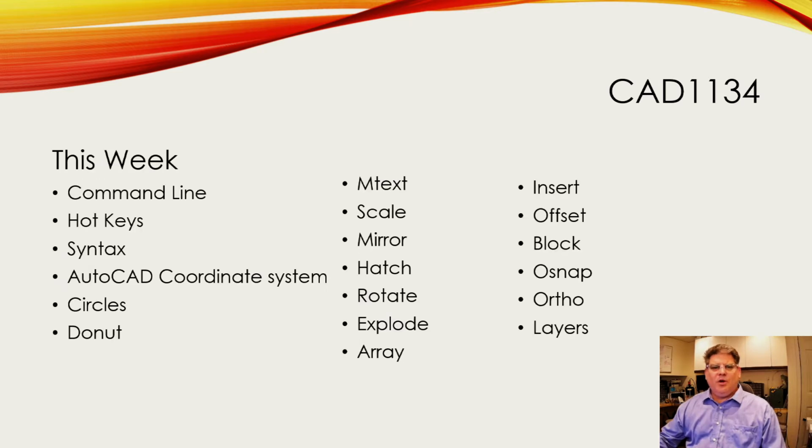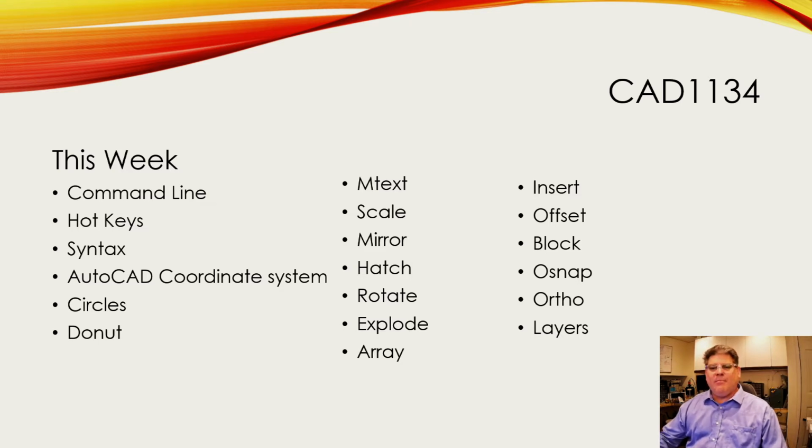All right, so this week we're going to talk a little bit more about the command line. We're going to talk about some hotkeys. I want to explain what syntax is. We're going to touch on a coordinate system, circles, and we'll probably do something with donuts. Not that useful, but there it is.